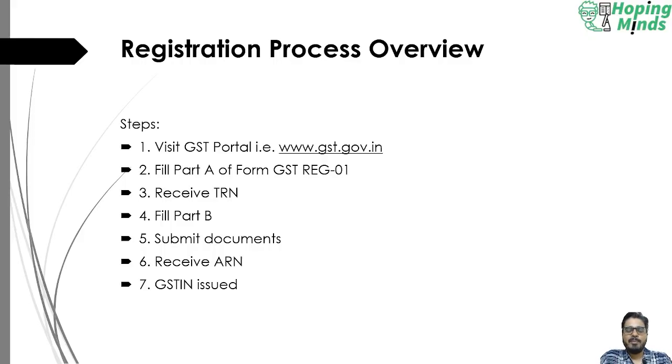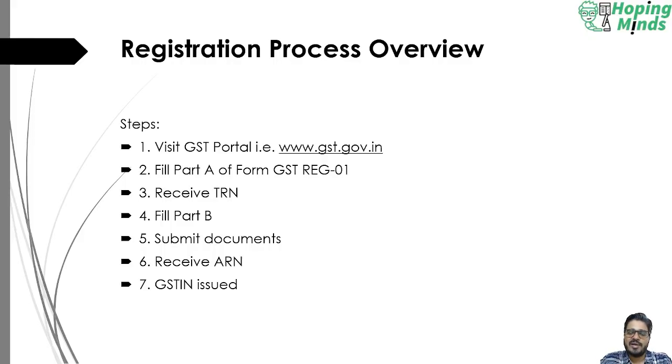To fill Part B of the registration form, we have to log in to the GST portal using the temporary reference number received over mail or SMS. Once logged in, we have to submit the documents and the details as required in Part B of Form REG 01. Once Part B is completely filled up in all respects, along with all the attachments, it is also submitted using OTP.